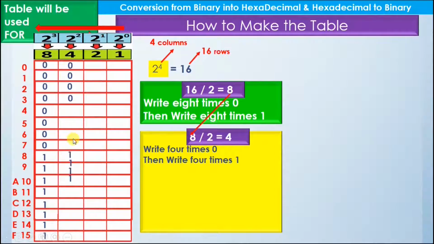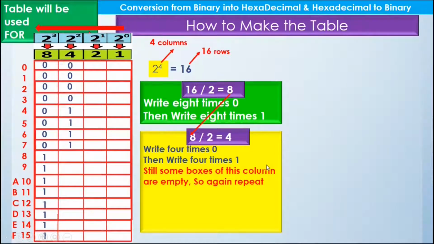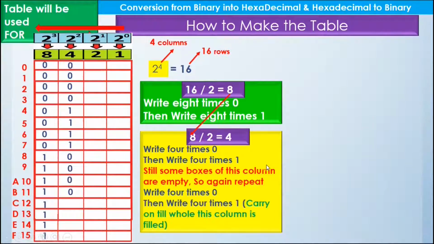So 4 ones come here. Still some boxes of this column are empty. So again repeat the same procedure. Write 4 times 0. 4 zeros come here, and again write 4 times 1. So 4 ones come here.